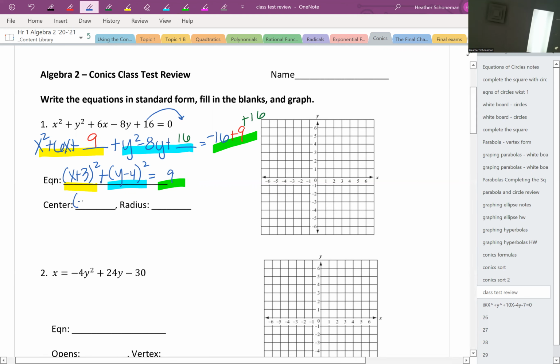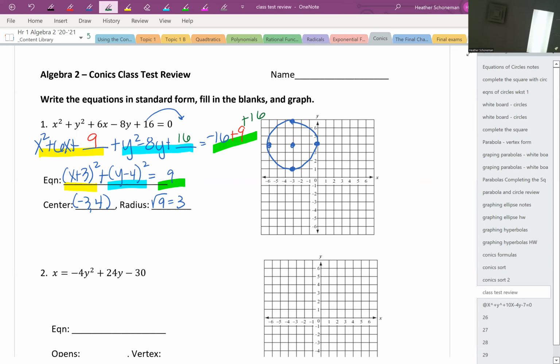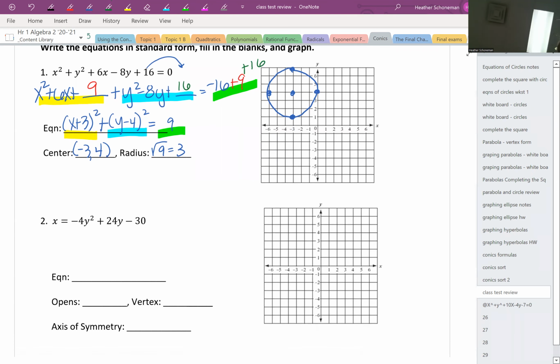So that means my center is negative 3, 4, and my radius is the square root of 9, which is 3. So negative 3, 4 is here, and then you're just going to go 3 points in each direction, and there is your circle.